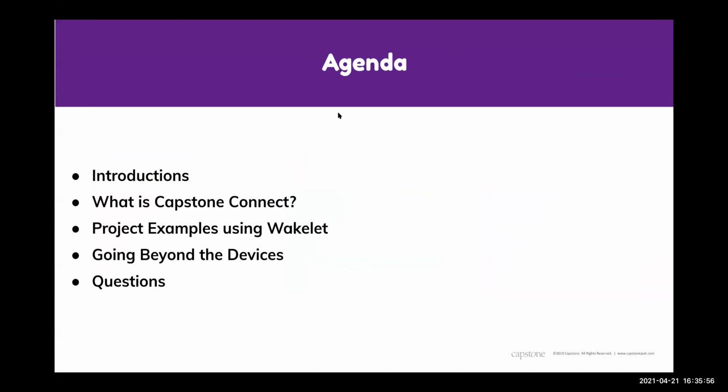So, a brief overview of the agenda for today. Obviously, we've gone through introductions. I'll be talking briefly about what is Capstone Connect. I know a number of you are probably somewhat familiar at least, but it's always good to take a look at what that is ultimately designed to do. And then we really jump to the meat of today's webinar, which is to have Andy walk us through some really incredible project examples he's done using Wakelet.